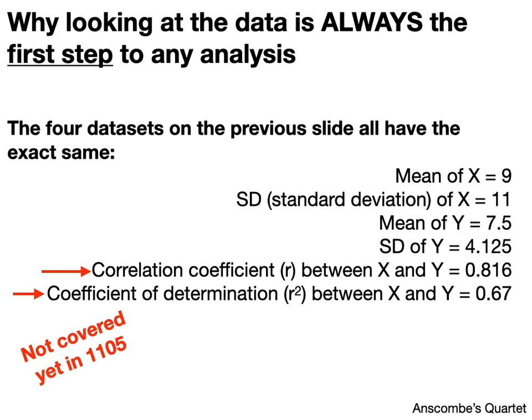The standard deviation of x is the same in each data set. The standard deviation of y is the same. And the correlation coefficient, something we haven't covered yet but we'll do later on. If you look at the correlation between x and y, you get the same statistics in each of these 4 data sets. So if you just look at these numbers, these 4 data sets look very much the same.